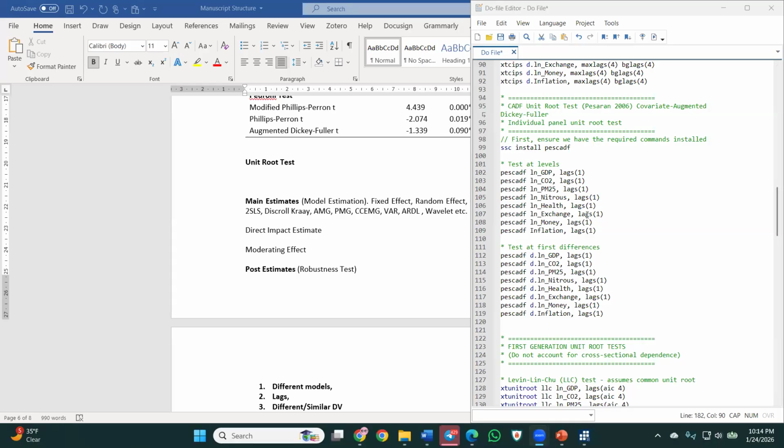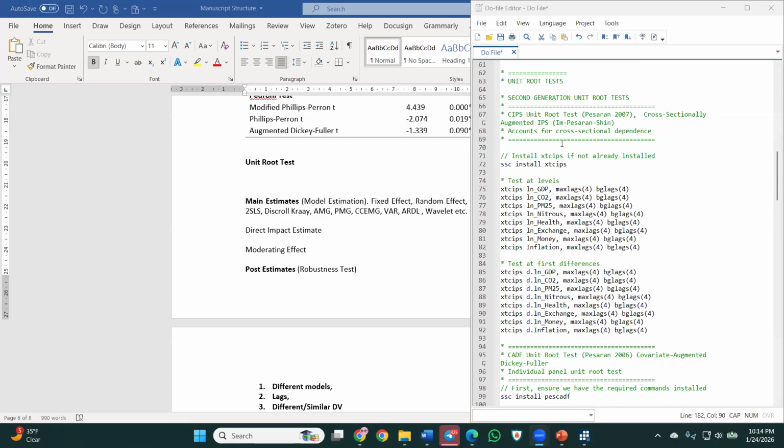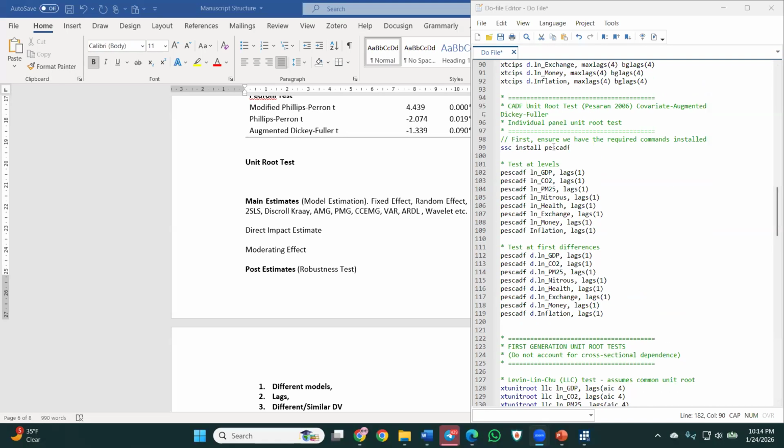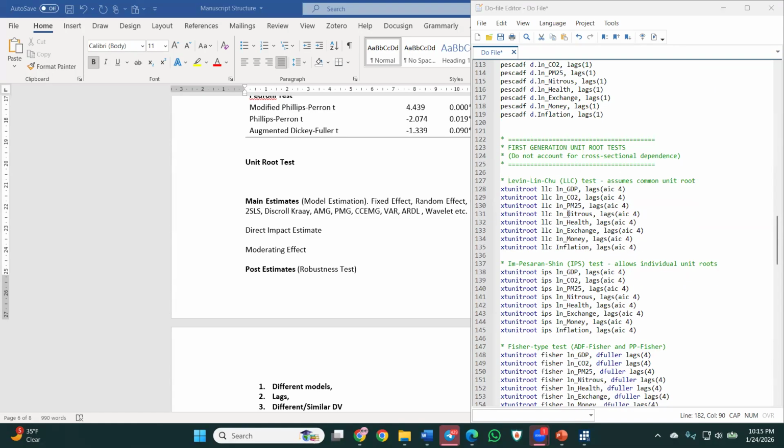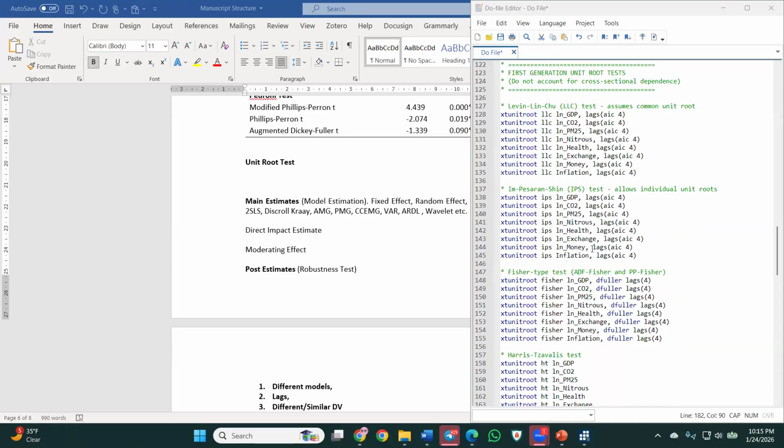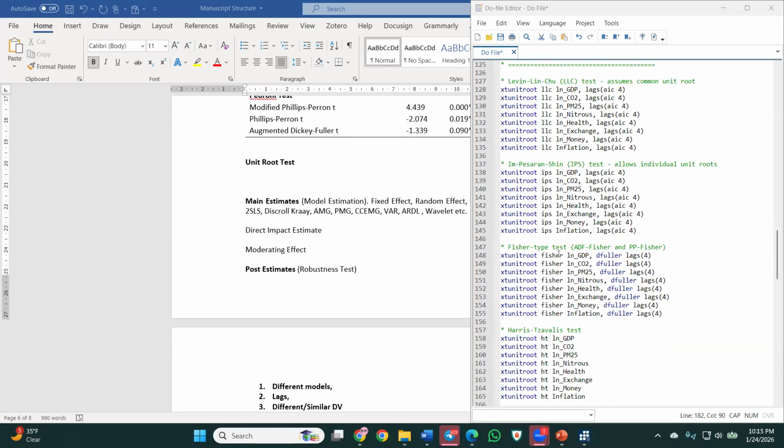Okay, so for the first generation tests, we have the Levin-Lin-Chu test, which is the LLC. We have the IPS, which is the Im-Pesaran-Shin test. And then we have the Fisher-type tests, which are ADF-Fisher and PP-Fisher.